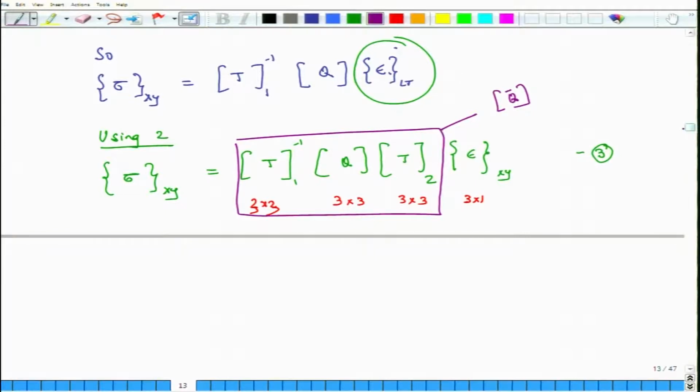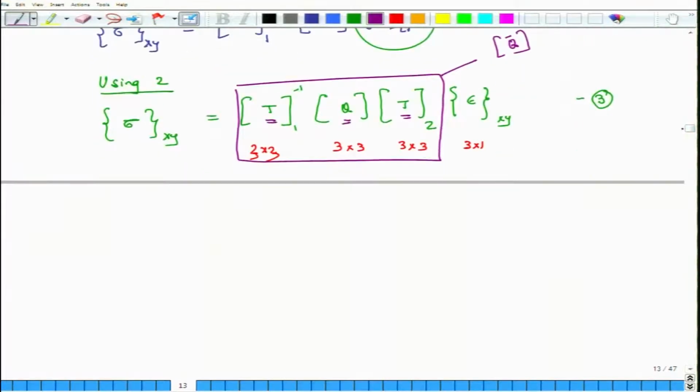Okay. I know how to calculate T inverse of 1, I know how to calculate T2, I already know how to calculate Q from engineering constants. So if the material properties are known and if the direction of x axis with respect to L axis is known, then I know all the elements of all these 3 matrices and I can calculate the Q bar matrix.